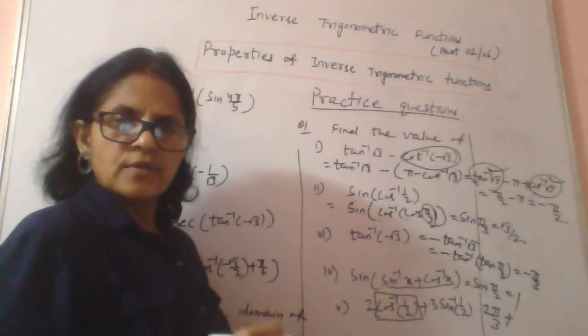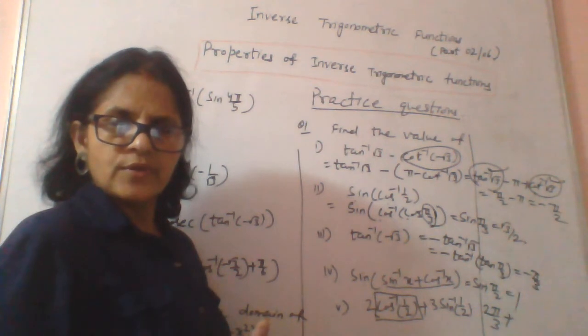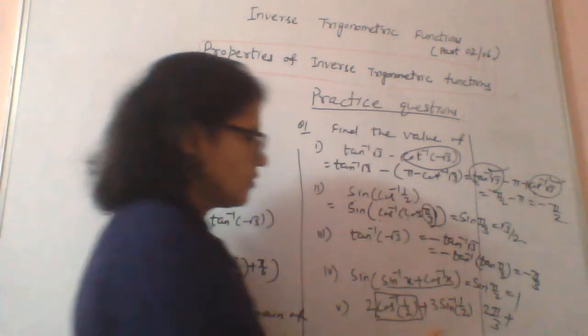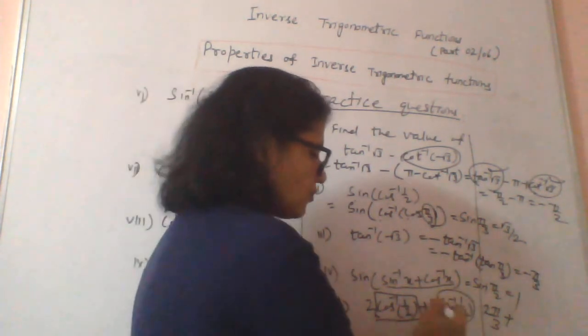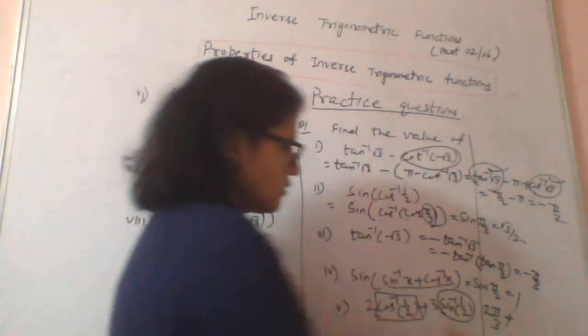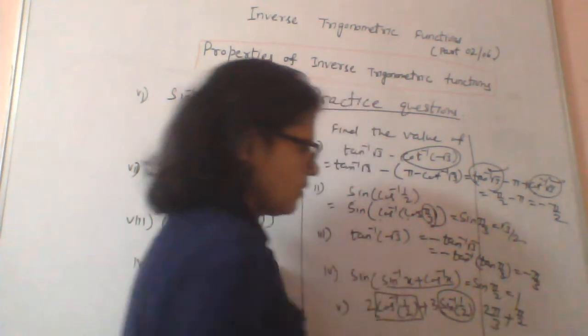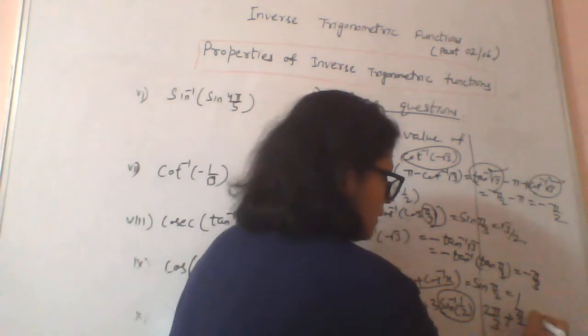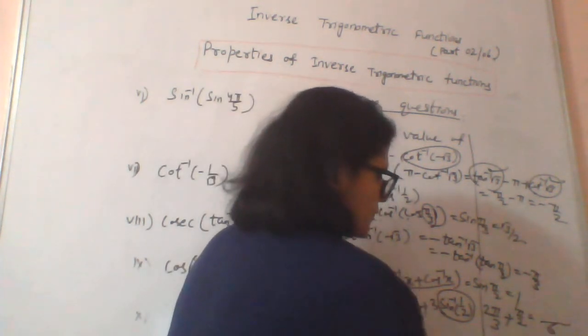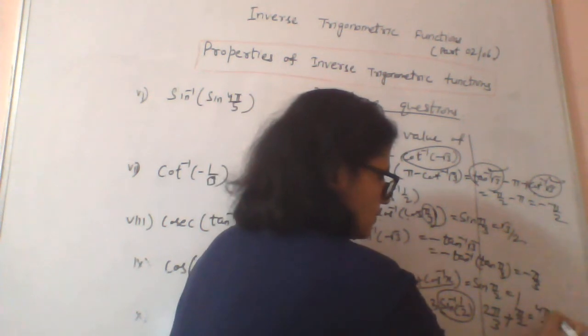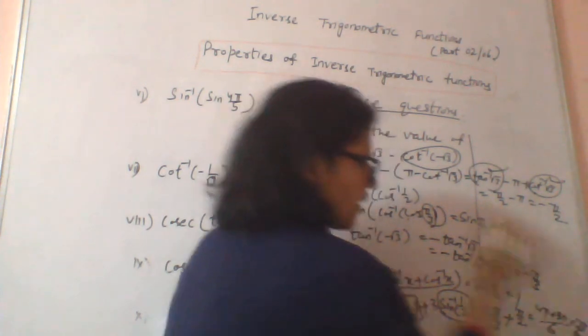Whose sine is 1 by 2? We know sine 30 degree, which means sine pi by 6 equals 1 by 2. So sine inverse 1 by 2 will be pi by 6. So 3 into pi by 6 is pi by 2. Taking LCM 6, it is 4 pi plus 3 pi, 7 pi by 6, the answer.